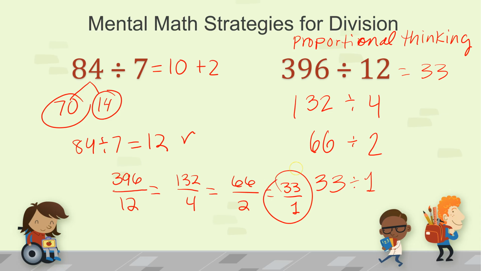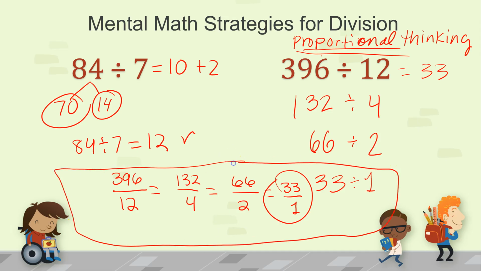Therefore, the answer is 33. And that is why we call that proportional thinking. It's a little bit more advanced, but if students have number sense, perhaps they would be able to think that. Okay? So those are 2 mental math strategies in division that I could think of at this point.